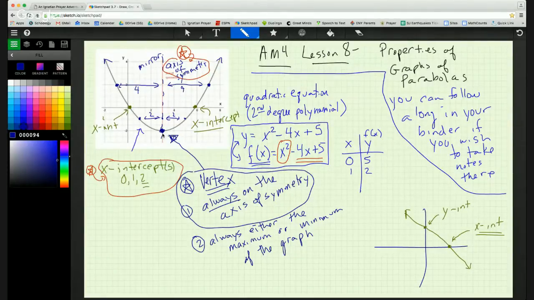In this case, we have the vertex being a minimum, because it's the lowest point of the graph, right? Everything appears above it, and this is the lowest. So the vertex is always the maximum or the minimum of the graph.